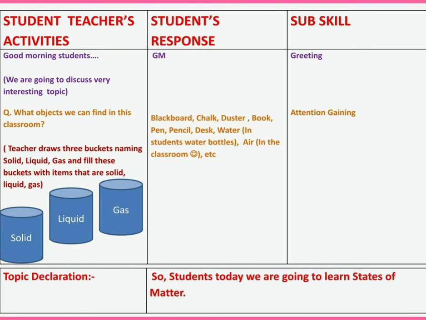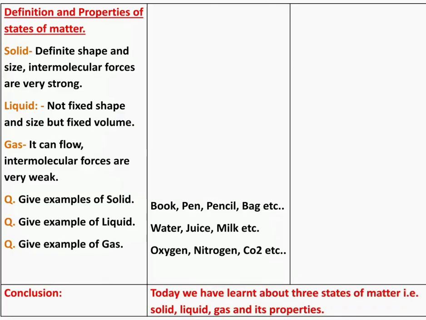A question could be like what objects we can find in this classroom, and one by one students may respond that we find blackboard, chalk, duster, book, pen, pencil, desk, water in the water bottles of students, or even air in the classroom, right?